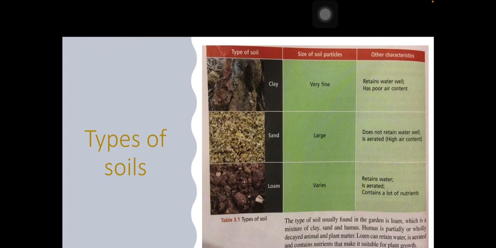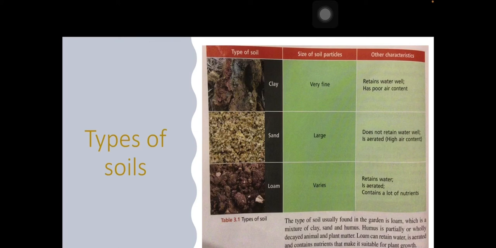So if you want to differentiate, we can just say that this retains water well, this doesn't retain water well, and you can give examples and define by the size of soil particles. Basically loam has all the things. It retains water well, it has high air content, and it even contains a lot of nutrients.